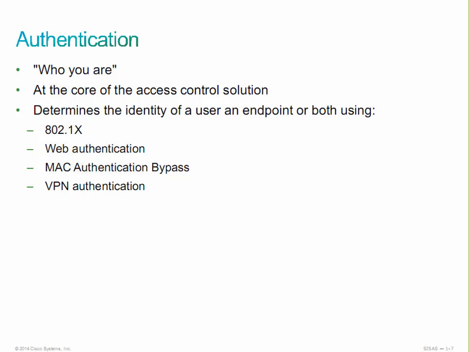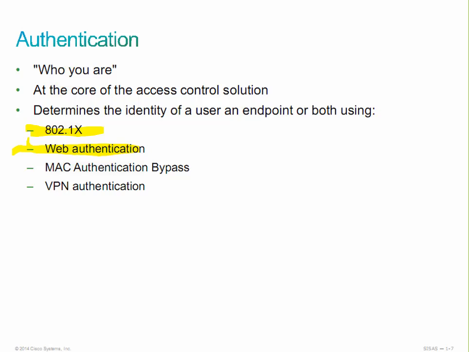Web authentication provides a way for us to authenticate users through a web page, for devices that don't necessarily have that 802.1x supplicant. So the first type of authentication option that I have is 802.1x. Web authentication could be used, of course, if I don't have a client that supports any kind of 802.1x supplicant.